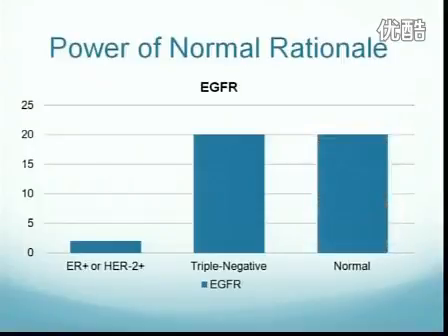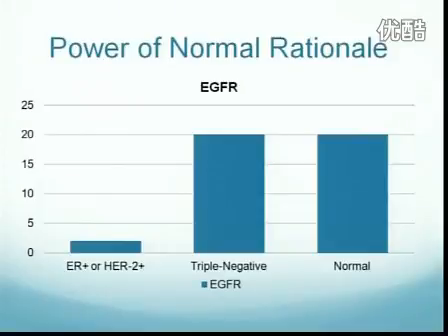But now if you look at what is expressed in normal, your whole view changes. It's not that triple-negative is overexpressed compared to ER or HER2, it's actually that EGFR is downregulated in ER-positive compared to normal and triple-negative. So always remember, fold change in differential expression is always relative to a certain control.